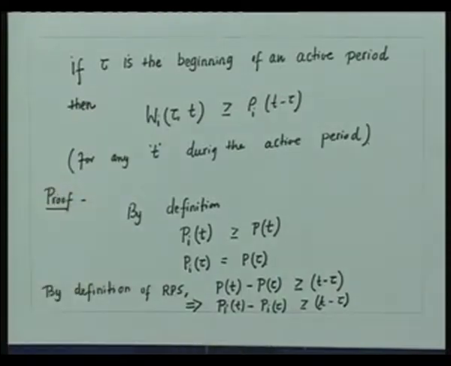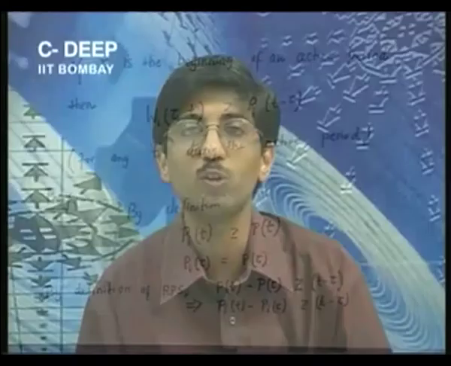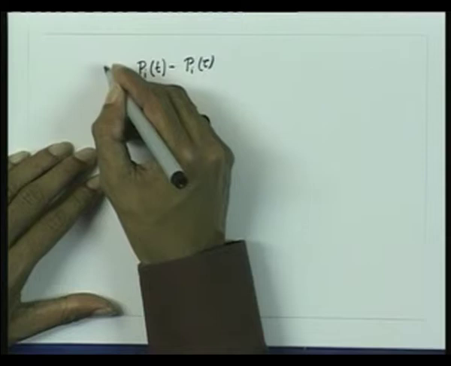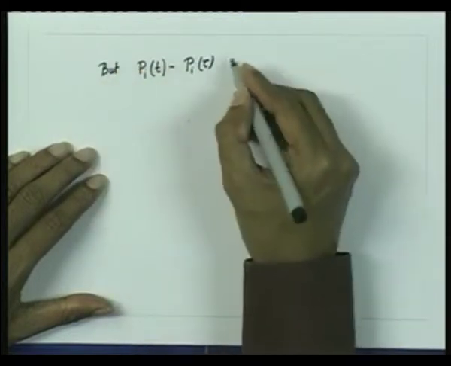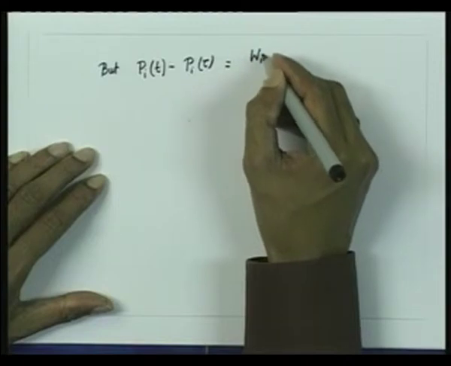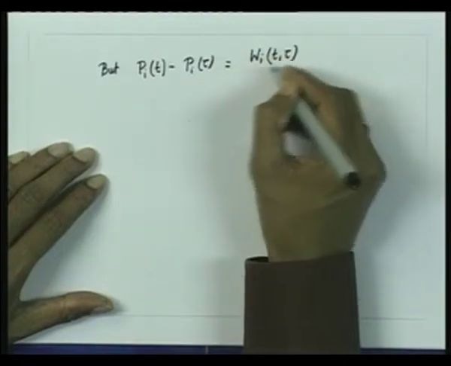But during the active period, the increase in the session's potential will be equal to the normalized service the session has received. So p_i(t) minus p_i(τ), that is the increase in the session's potential, is always equal to w_i(τ, t) upon ρ_i.